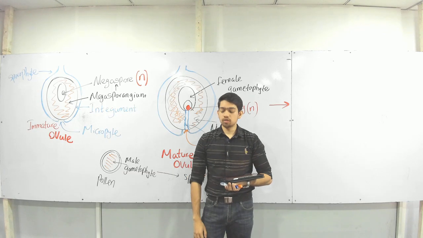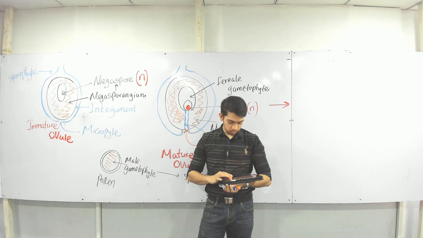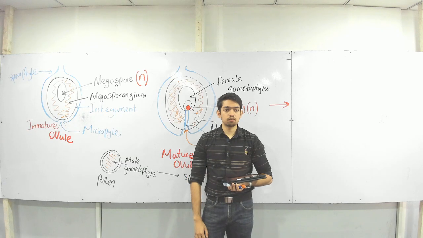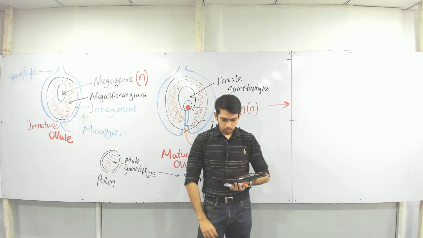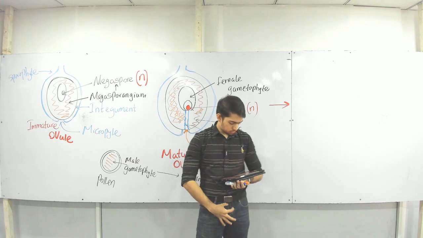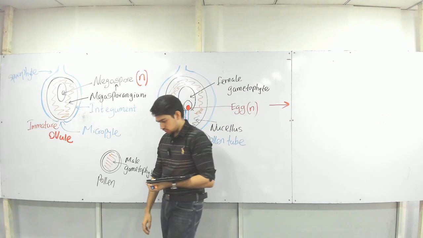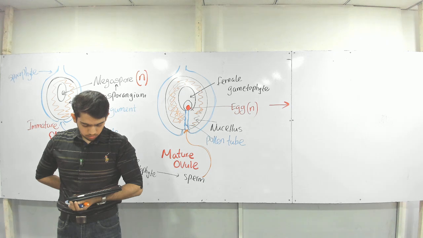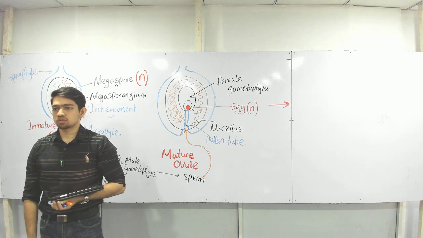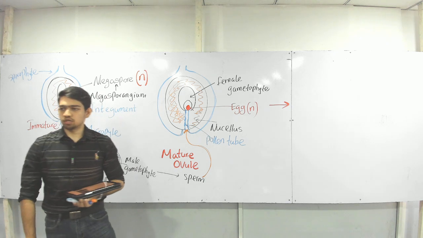Read phylum Cycadophyta, page number 93. There are three examples for gymnosperms. Read phylum Cycadophyta, because that's what we are going to talk about next. They have palm-like leaves and large cones. You have seen Cycus as a decoration, right?